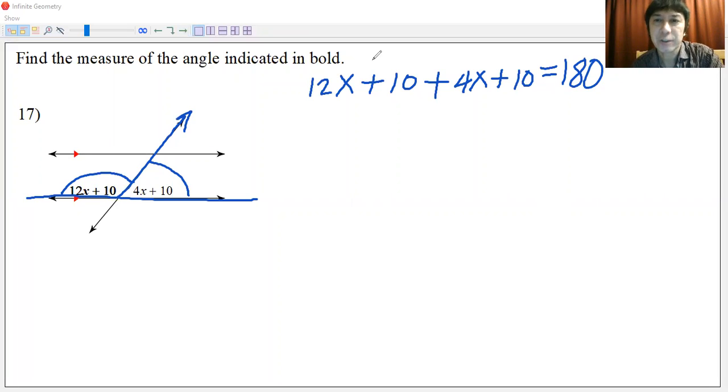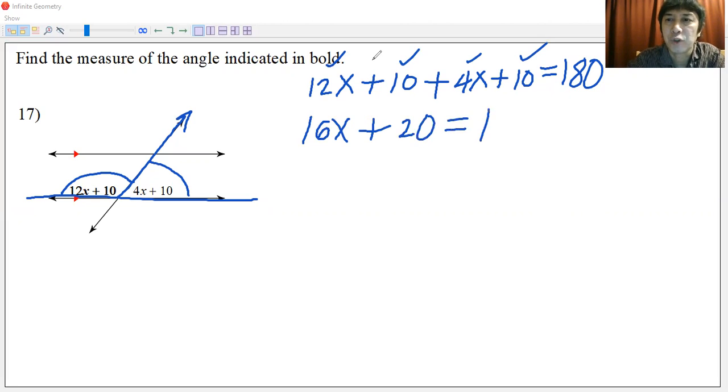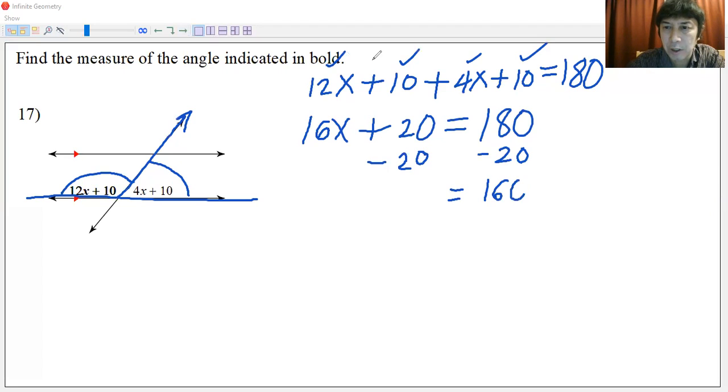Solve for x first. We combine 12x and the 4x, that should be 16x. We combine the 10 and the 10. That gives 20. And this equates to 180. Next step, isolate the term with a letter from the numbers. We do that by subtracting the 20, and we will get 160 at the right side.